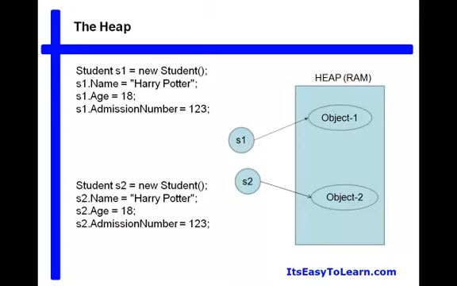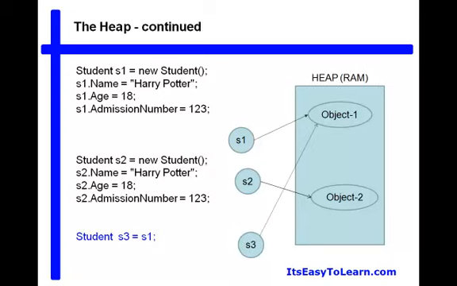Okay, now here what we did is we have S1, S2, Harry Potter, both have the same state, and then also we say S3 equal to S1. Okay, now in this example, both S1 and S3 point to the same object, and S2 points to a different object.